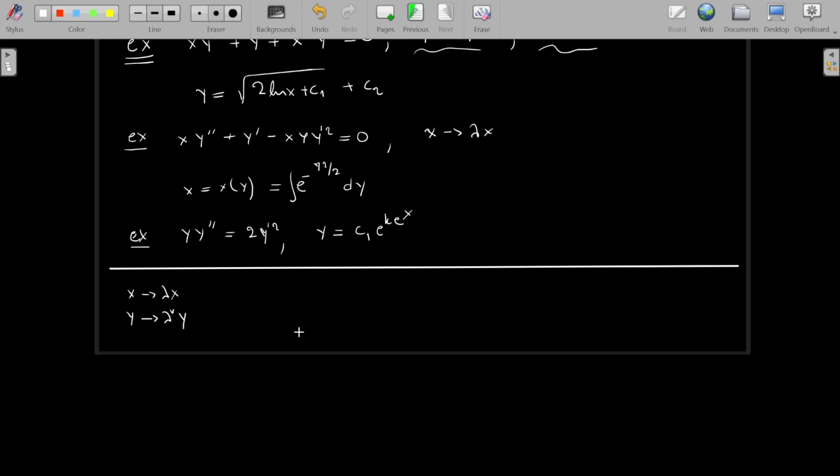Now, the way to solve this kind of differential equation when you stumble across them is to add a new variable which is dimensionless, and by dimensionless I mean dimensionless with respect to lambda, right?